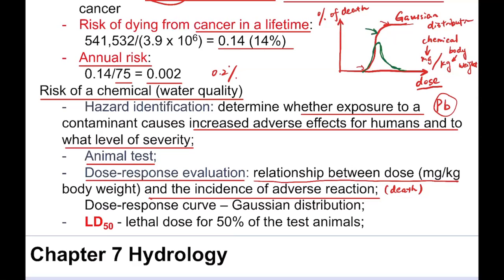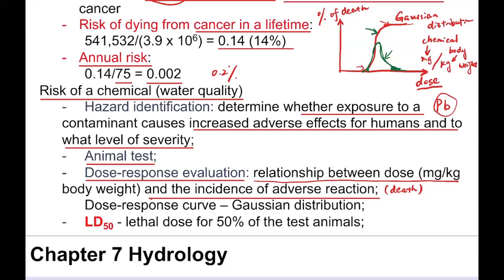If we use the Gaussian curve to represent the dose response relationship, it still shows that a small fraction of animals cannot endure a small amount of the chemical, and a small fraction of animals can endure a large amount of chemical. But this curve here shows the cumulative death caused by the ingestion of this chemical.